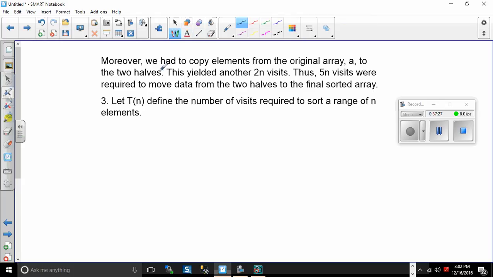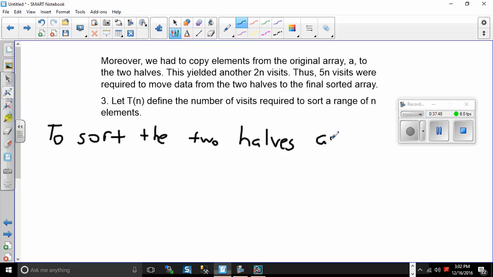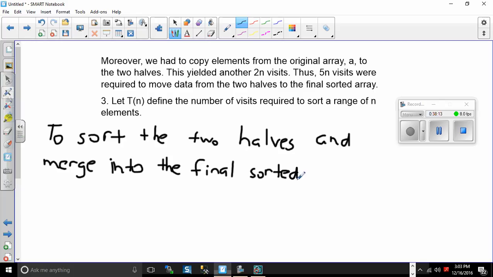So to sort the 2/2 and merge, the least upper bound estimate for the amount of visits required would be this formula.